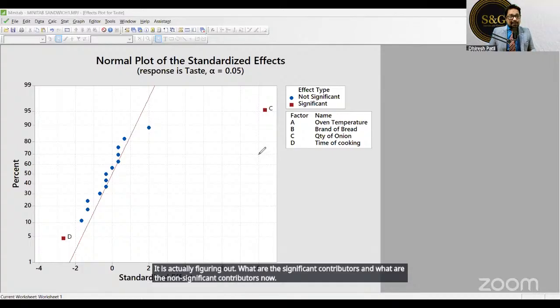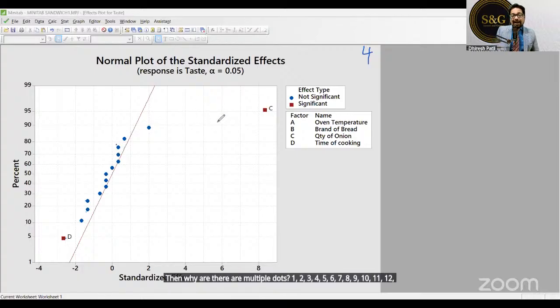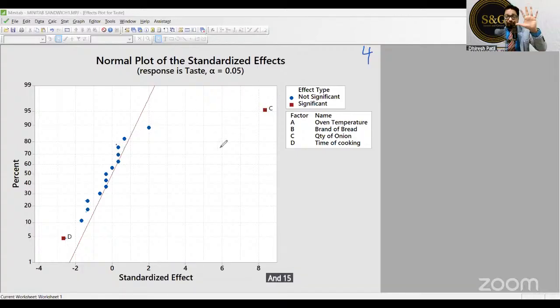Now, the question is, there are 4 factors only. Then why are there multiple dots? 1, 2, 3, 4, 5, 6, 7, 8, 9, 10, 11, 12, 13, 14 and 15. Why are there 15 dots in this plot? There should be only 4 dots, no?